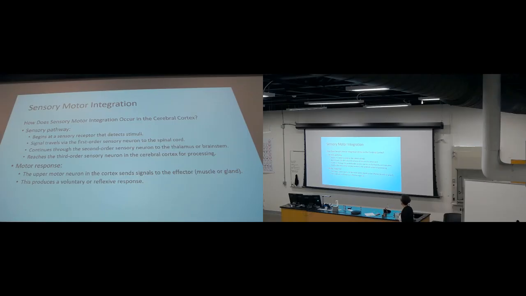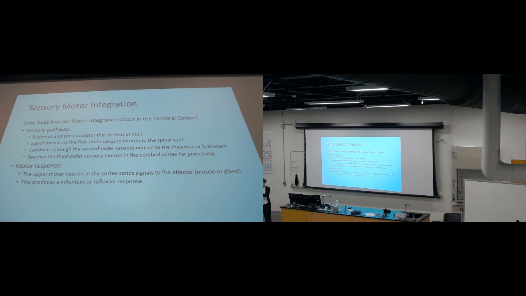But for the sensory motor integration, basically, again, you have a receptor that receives a particular stimulus, and then that signal will travel through these axons in the peripheral nerve, and these axons are going to bring an afferent signal into your spinal cord.